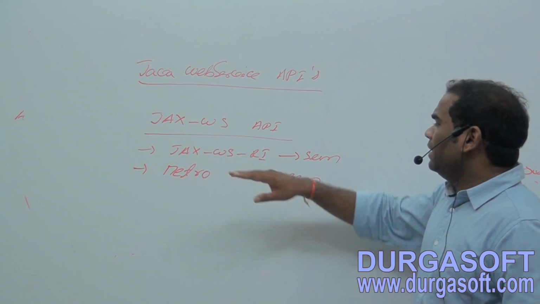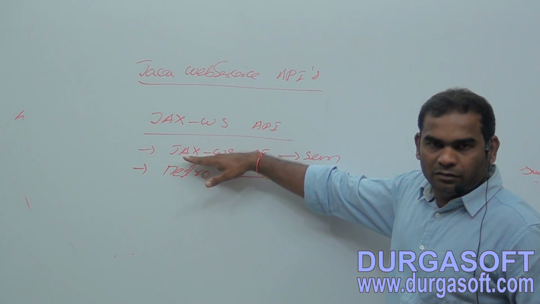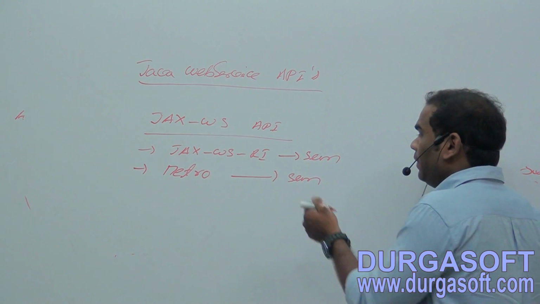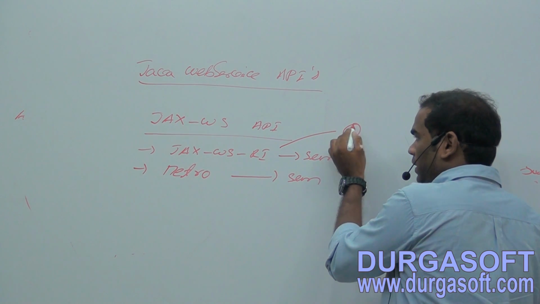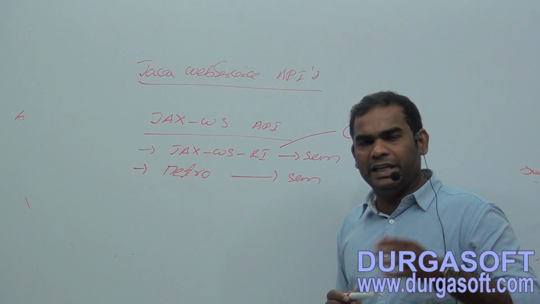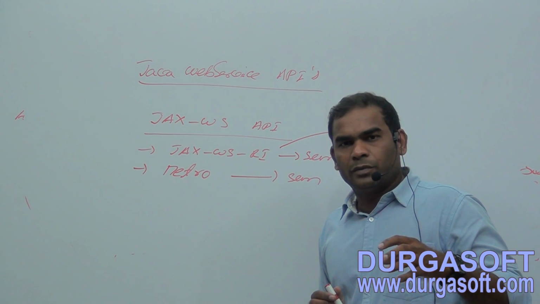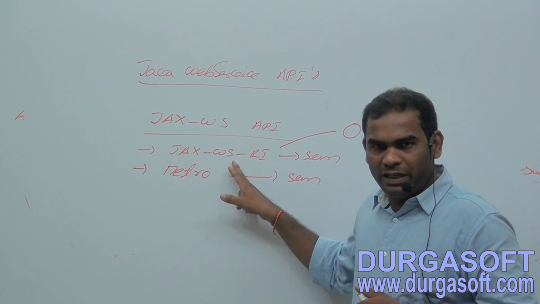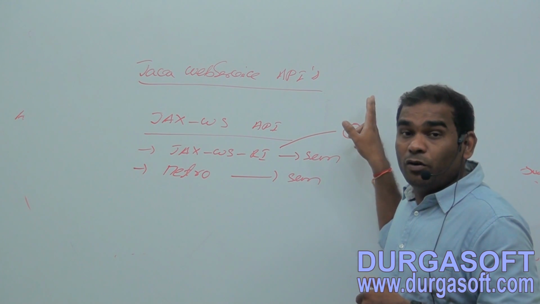Initially the JAX-WS RI implementation was given in separate jar files. Meaning if you want to create a SOAP-based web service or web service client using the JAX-WS RI implementation, you need to separately download these jar files.